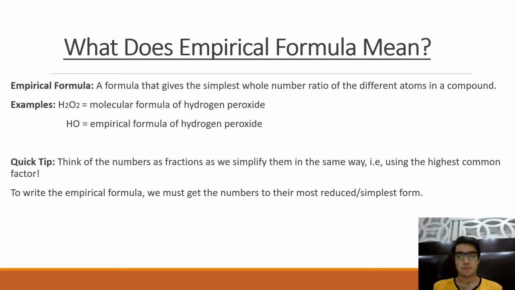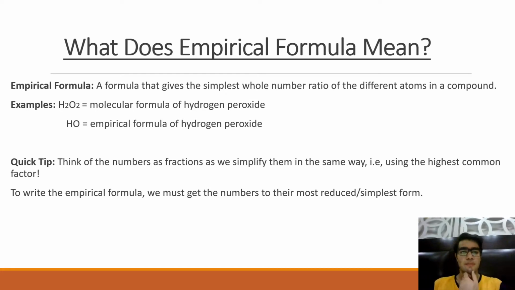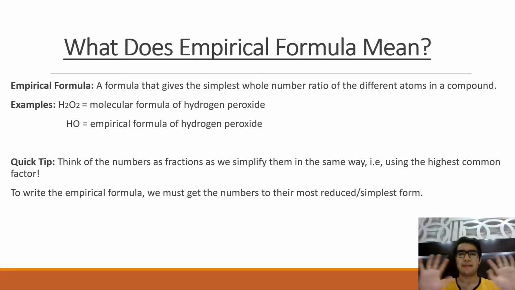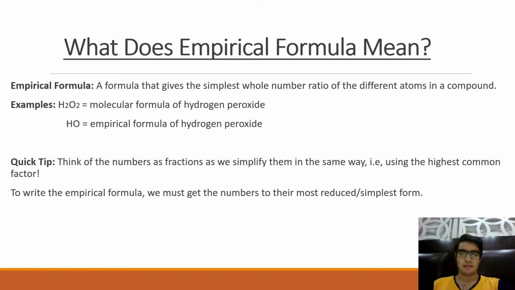Okay, so the example over here is H2O2. H2O2 is hydrogen peroxide. H2O2 is the molecular formula, which is the full formula, as we say. However, HO is the empirical formula of hydrogen peroxide.